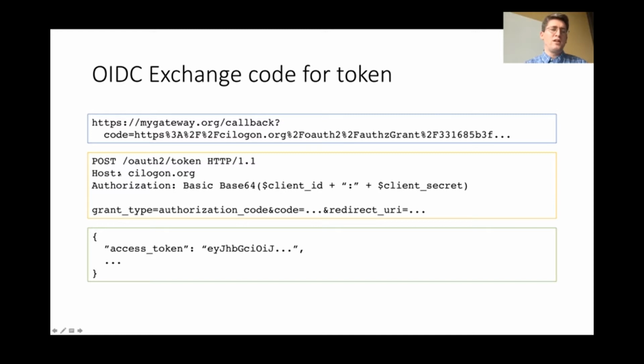This yellow box is a web request that the portal would make, behind the scenes, to CILogon, passing the code that you got, and to authorize, to authenticate with CILogon, use your client ID and your client secret.